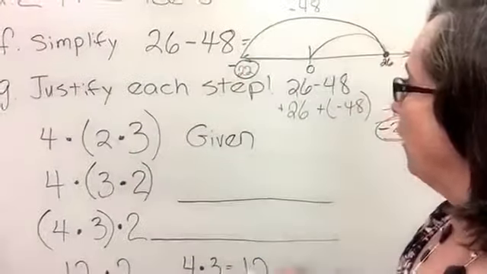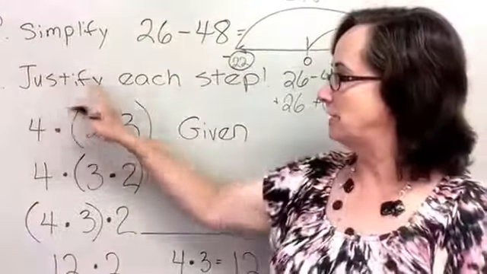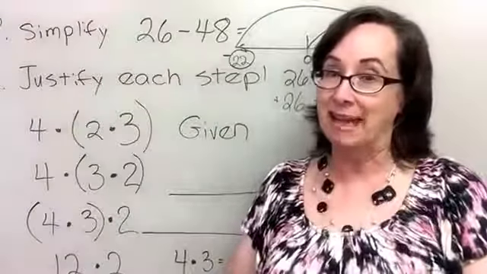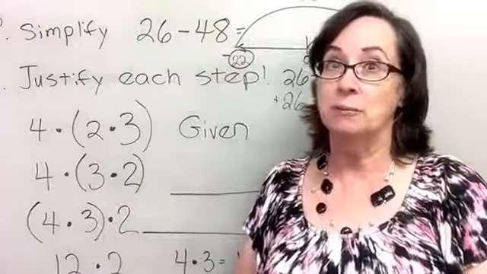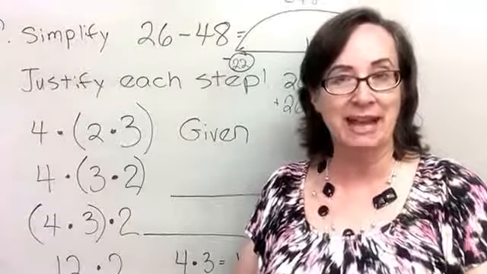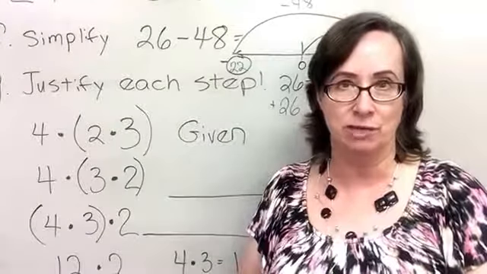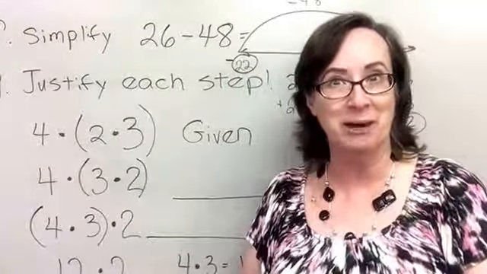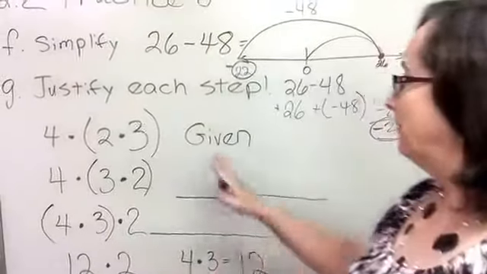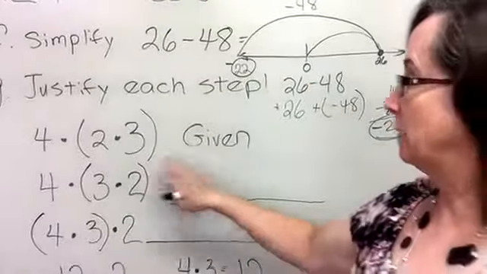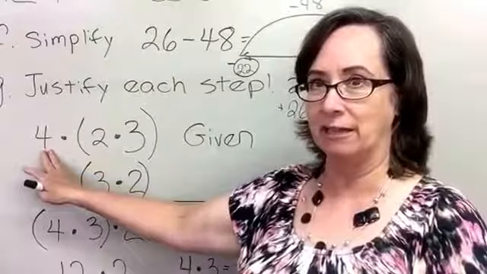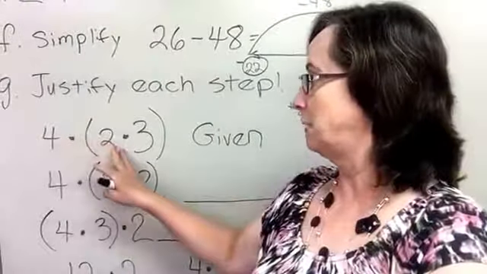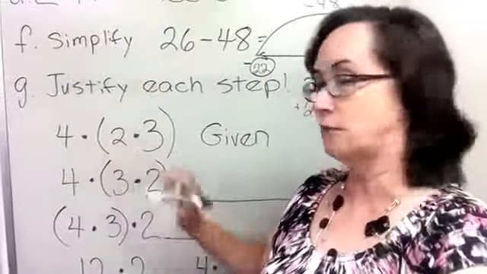All right, now we have a problem that says justify each step. Now that you're getting into pre-algebra and algebra, you're going to have to think of the reasons for your steps. And that's where our properties come in. So this was our given. In other words, they started here in the problem 4 times the quantity 2 times 3.